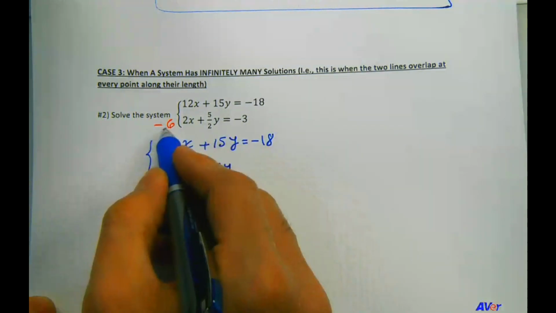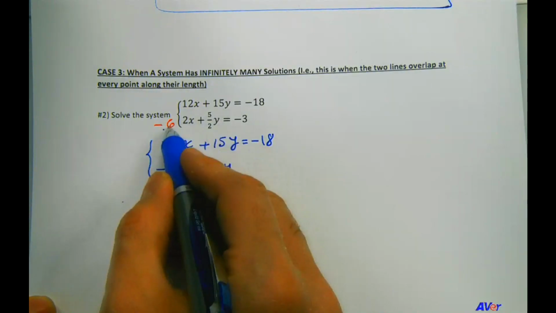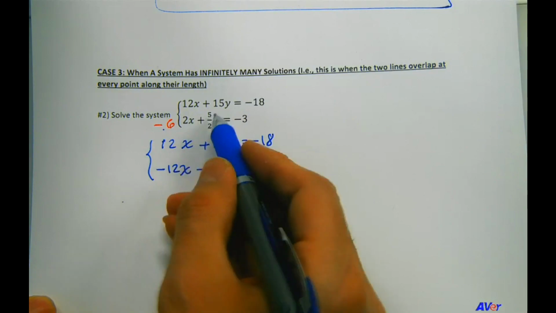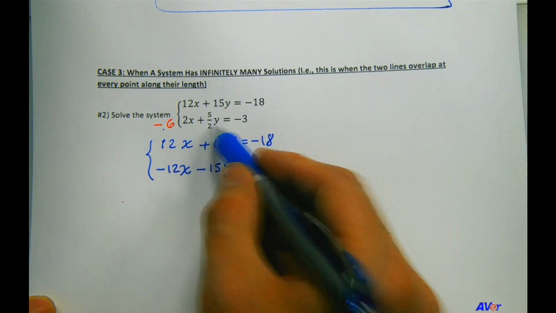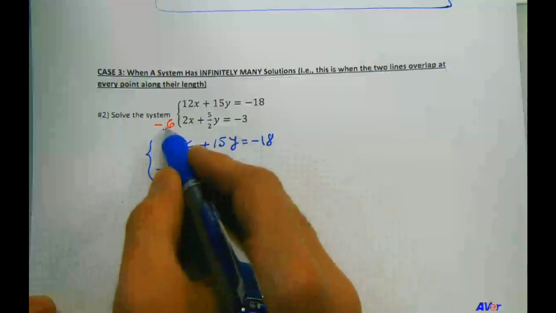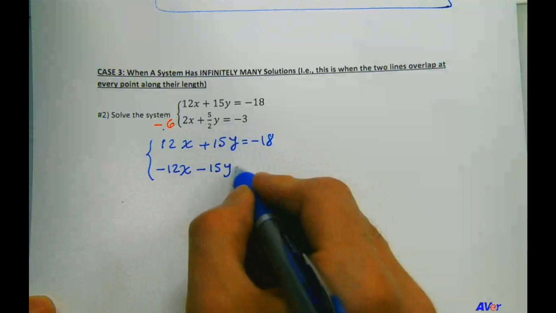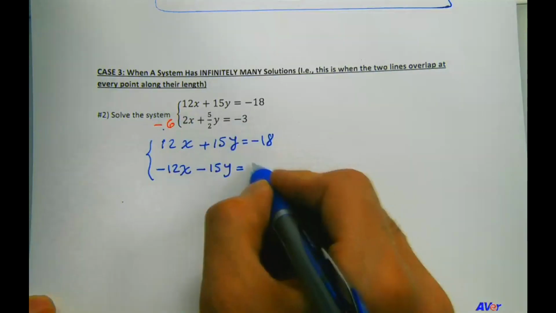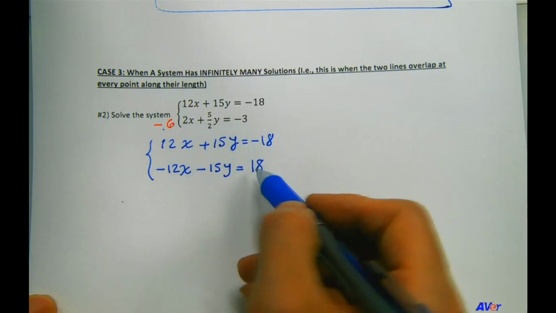When you distribute minus 6 into 5 over 2y, minus 6 times 5 is minus 30, divided by 2 is minus 15y. And then let's not forget to distribute the minus 6 to the other side, and that'll give us positive 18, right? Minus 6 times minus 3 is positive 18.